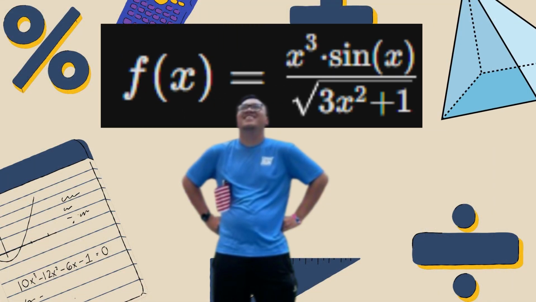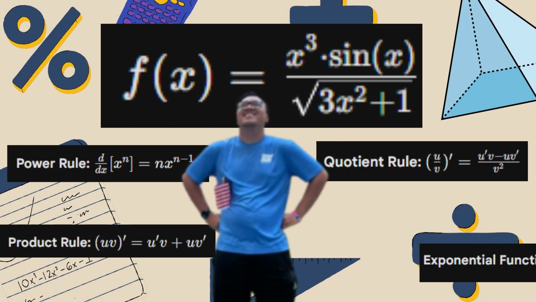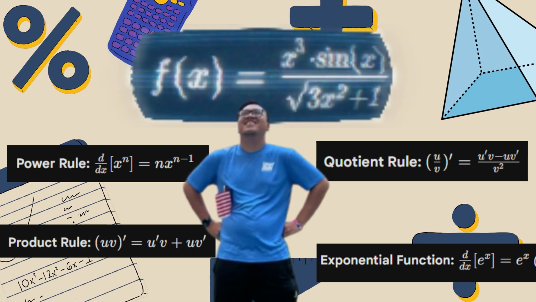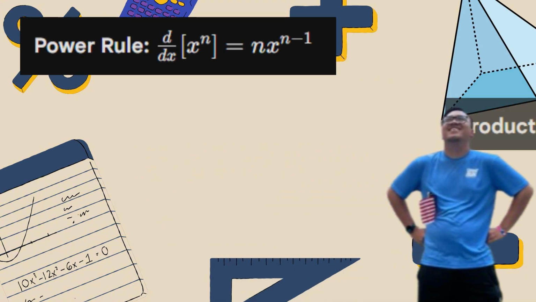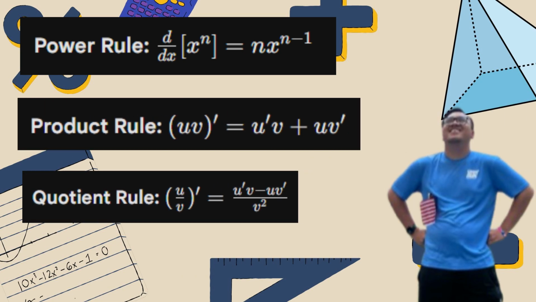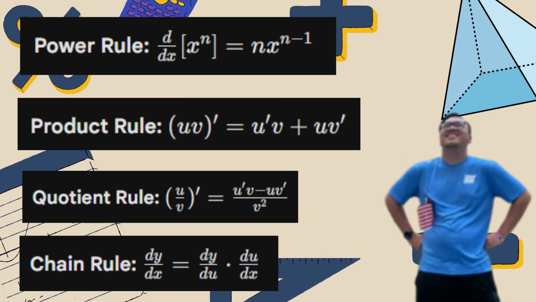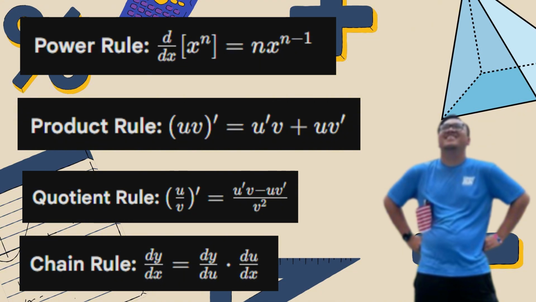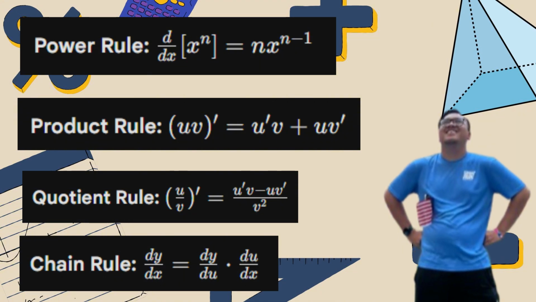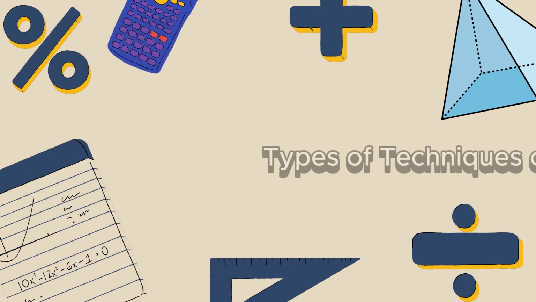In calculus, there are several techniques of differentiation that make the process easier, especially when dealing with complex functions. Some common techniques include the power rule, product rule, the coefficient rule, and chain rule. In this presentation, we will focus on explaining these techniques briefly and show how to apply them in solving a problem.